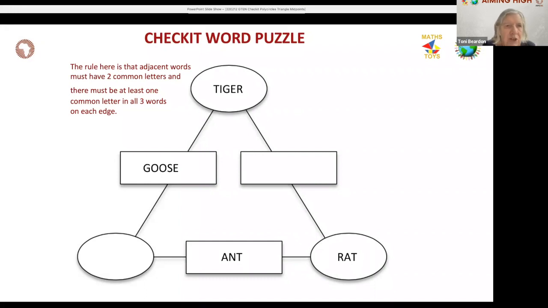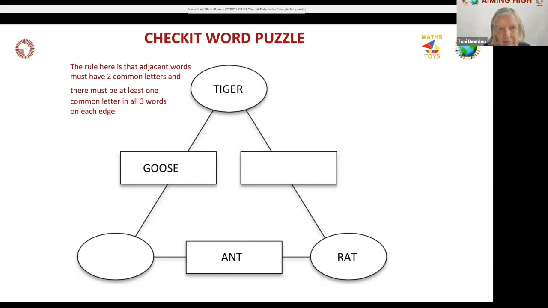Oh, but we said we had to have 2 common letters. I thought it was just 1. Oh, okay. For adjacent words, 2 common letters, yes. On the edge, and then for all the 3 words, there must be at least 1 common letter. So rabbit would work, but rose wouldn't.